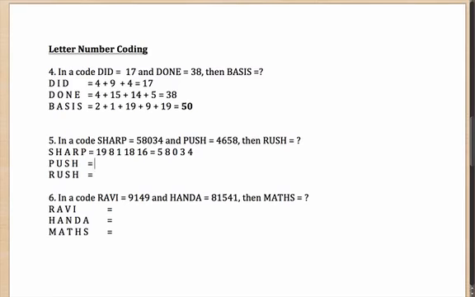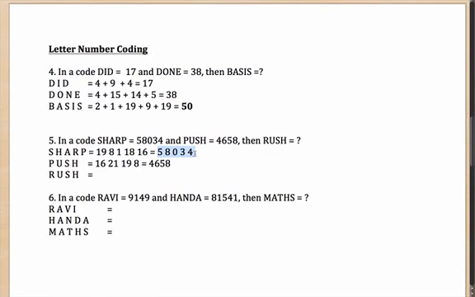Whereas push is how much? So P is 16, U is 21, S is 19, and H is 8, which is becoming 4658. And I have to find out the encoding for rush.